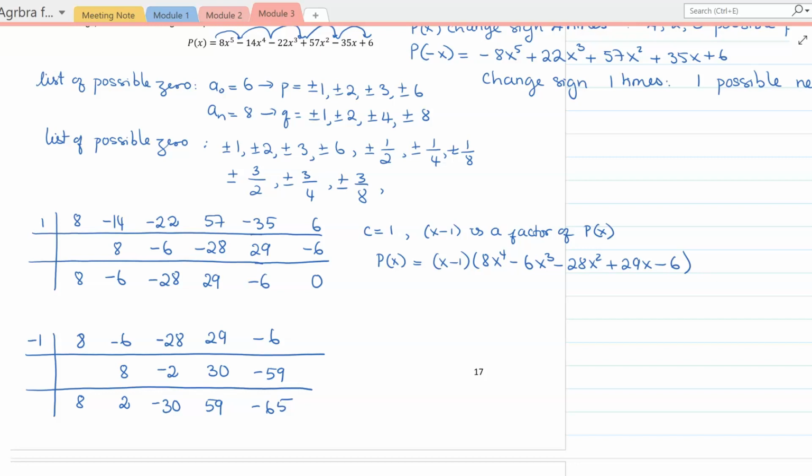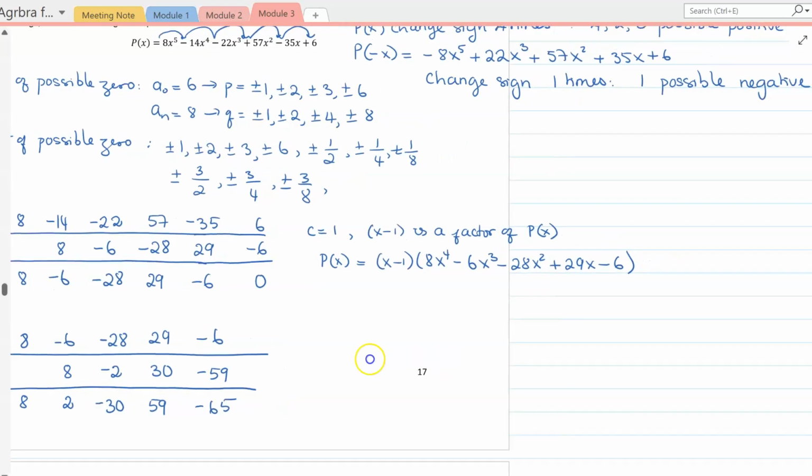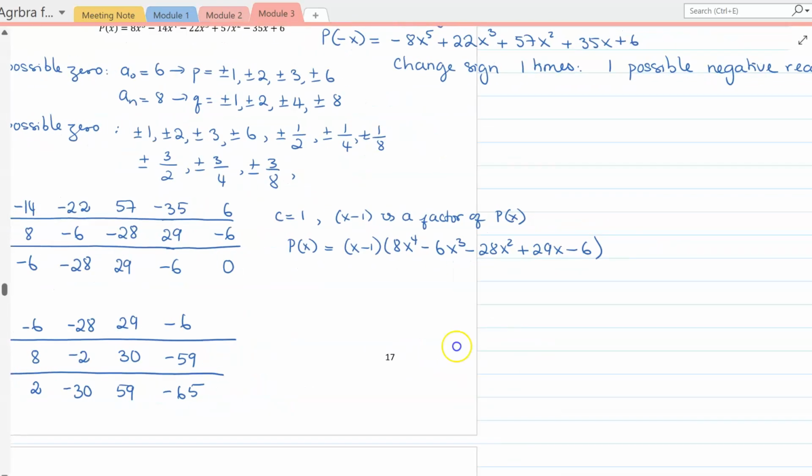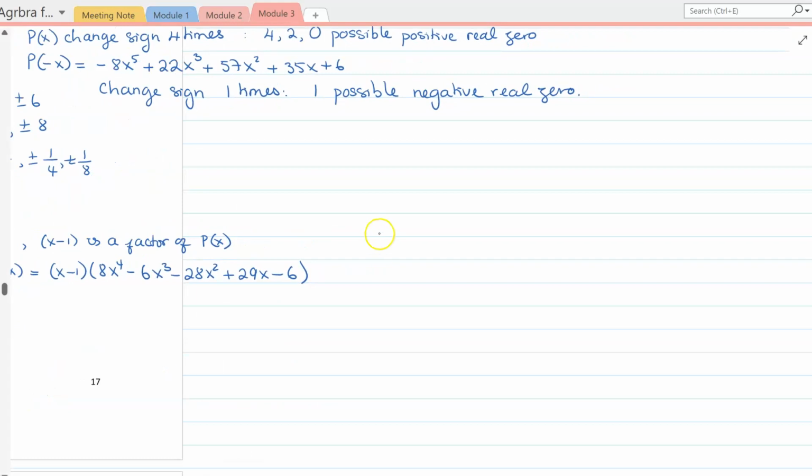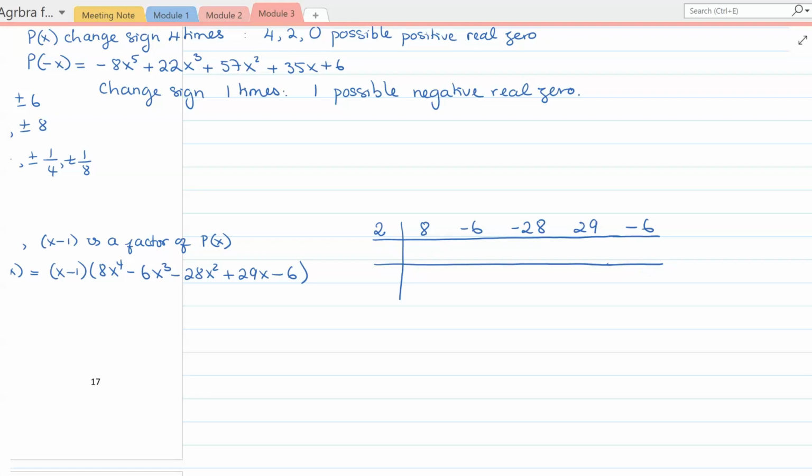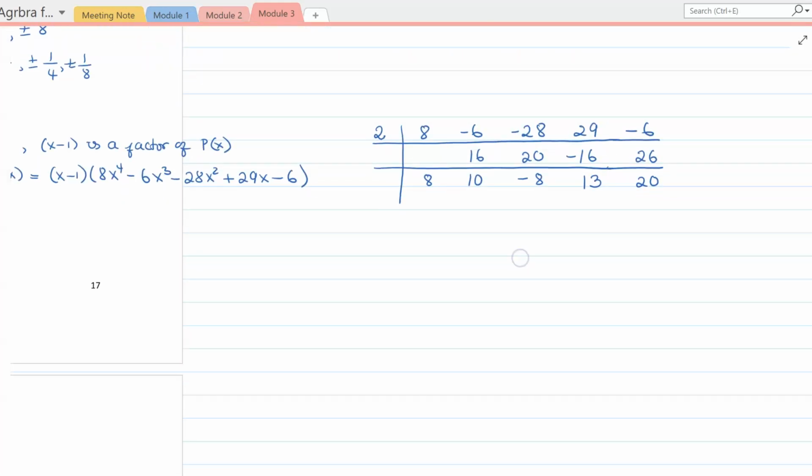We try 2 first and then negative 2. 2 doesn't work, so let's try negative 2.